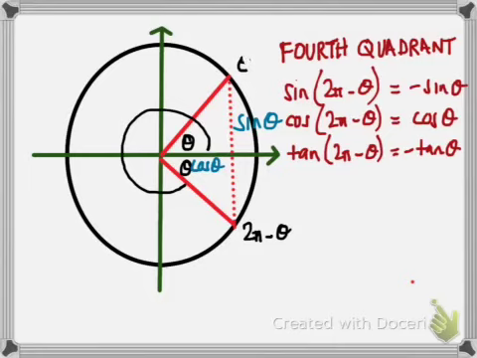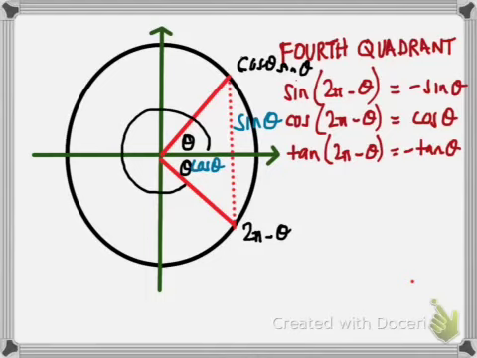Look at that. Go through the same process. Our point there is defined as cosine theta, sine theta. Sine theta is positive there. What about here? Negative. See that? That's sine theta. Down here, that's negative sine theta.